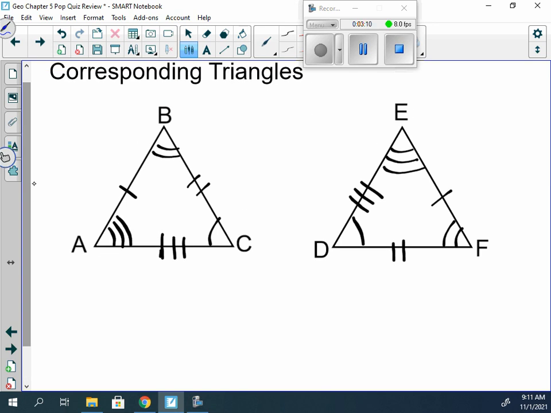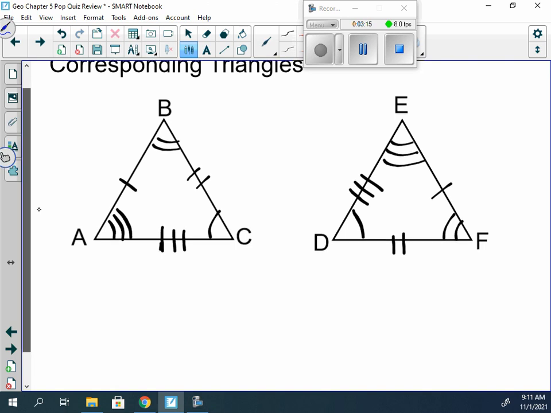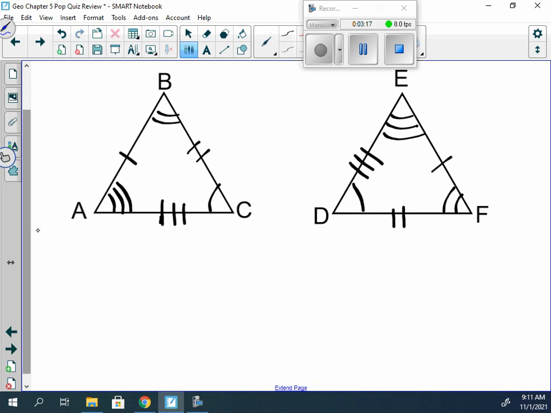Now the corresponding parts of a triangle, we're just lining up what's congruent between the 2 triangles. And for this here, we're going to have 3 sets of angles and 3 sets of sides that are going to be matching up.